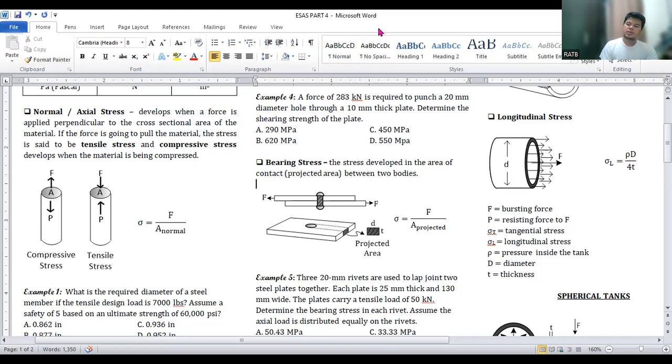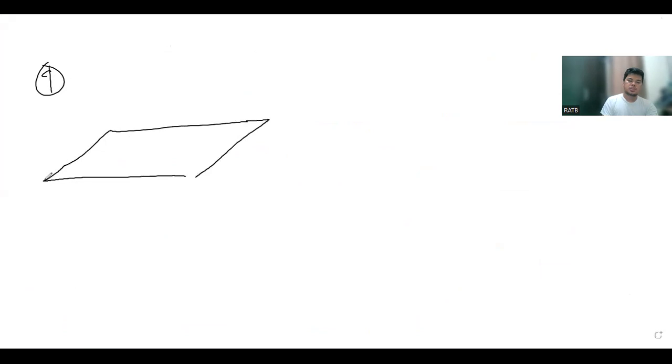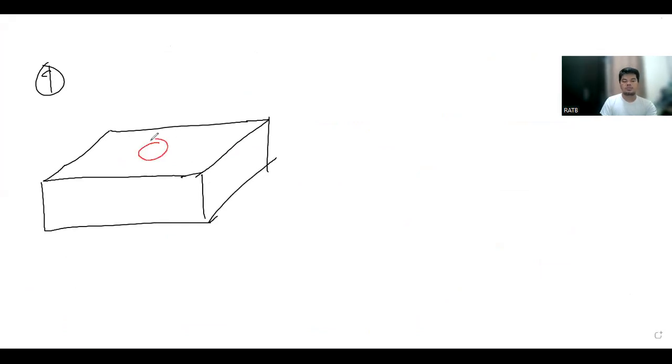Can you take a look at the data, no? So in example number 4, we're given a plate whose thickness is given. It is said that a 20 mm hole is to be punched.